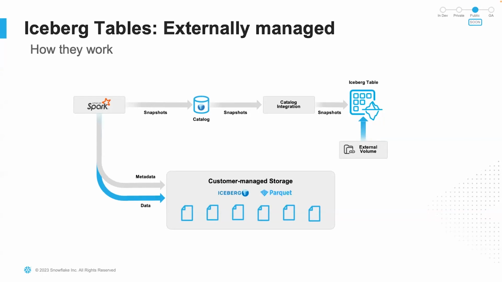With the catalog integration, we understand how to access the Iceberg metadata snapshots, and then we can use the external volume to read the Parquet data from disk. With the table then configured inside of Snowflake and accessing the metadata snapshots and the Parquet data, the data is then queryable through an Iceberg table in a Snowflake warehouse and can be connected to your downstream reporting solution.